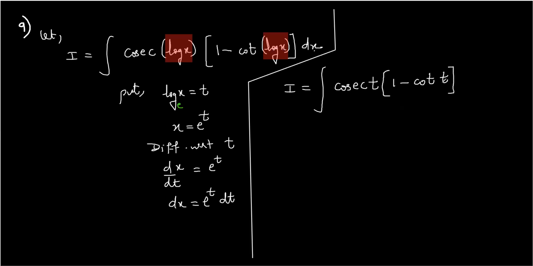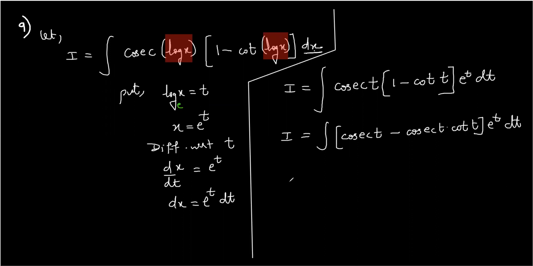So cosec t into 1 minus cot t, and dx. What do I write for dx? dx is e raised to t dt. So the next step, this cosec t which I have outside the bracket, I would take inside. So you get cosec t minus cosec t into cot t, e raised to t dt.